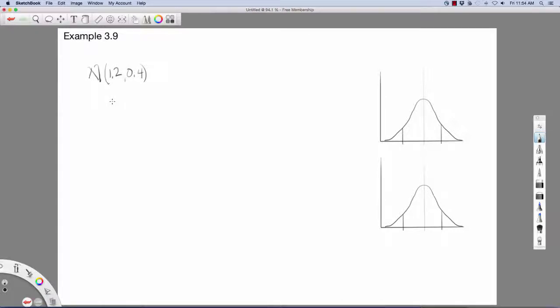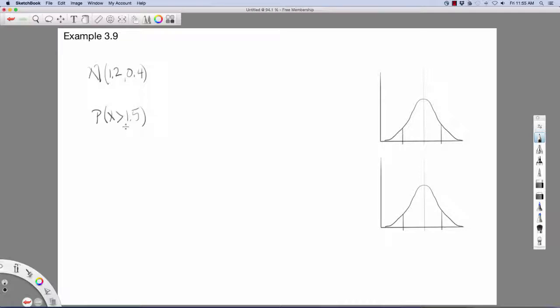We want to know the probability of flooding, and the maximum capacity is 1.5. So we're looking for the probability that our random variable x is greater than 1.5 MGD. We'll drop the units here for clarity.